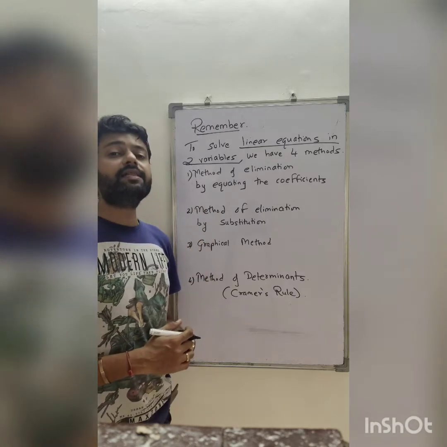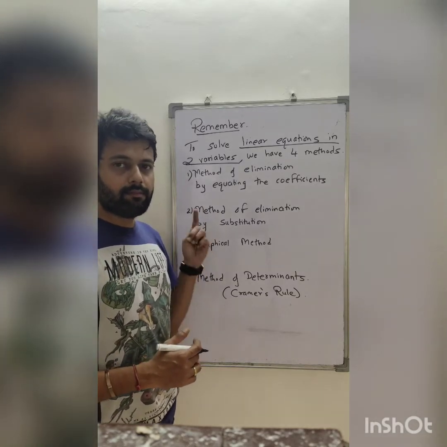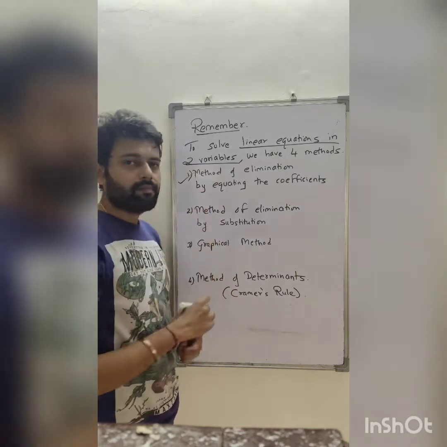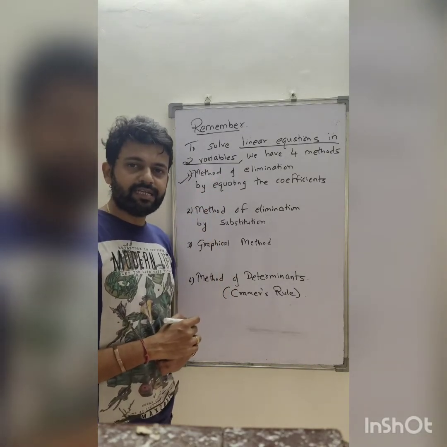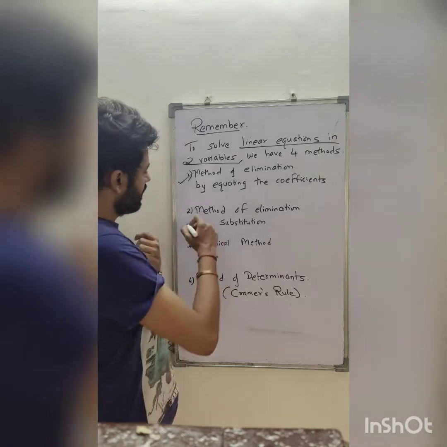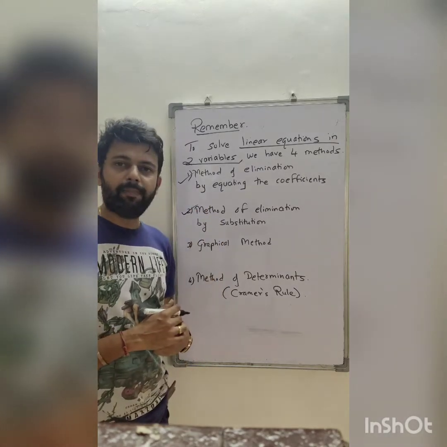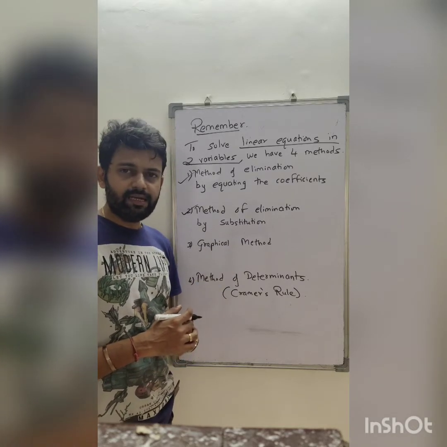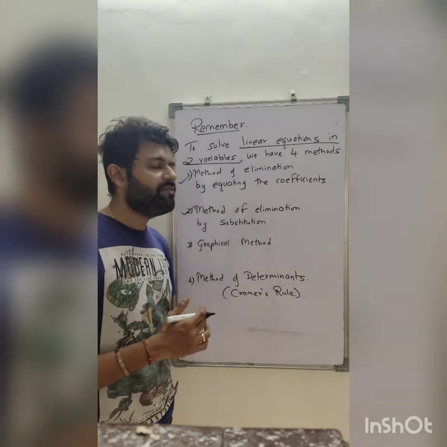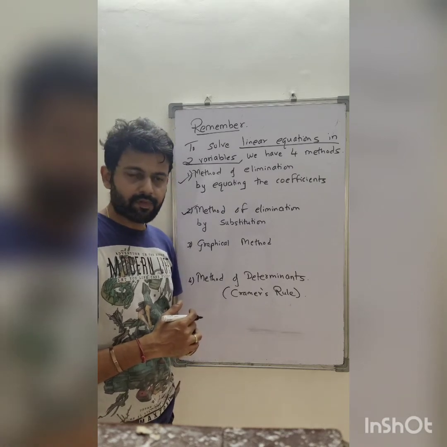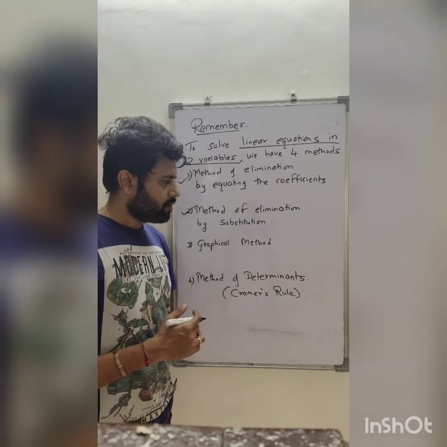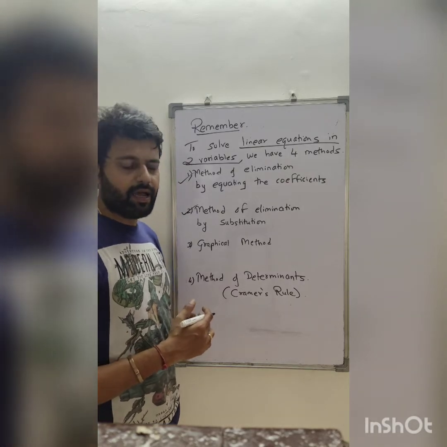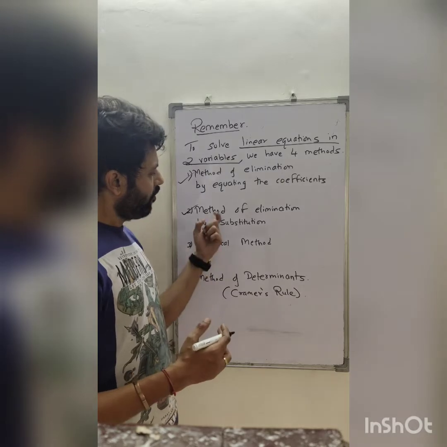First, method of elimination by equating the coefficients, what we used to do in 9th standard. Method of elimination by substitution, which we have rarely seen and studied. Of course, not important, but we can study one example of this method also.